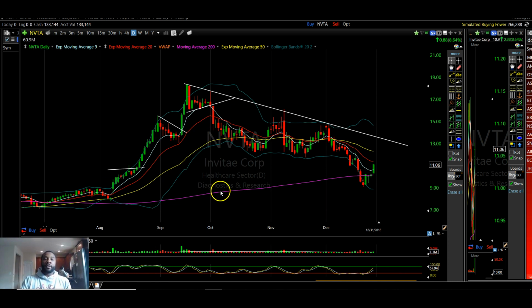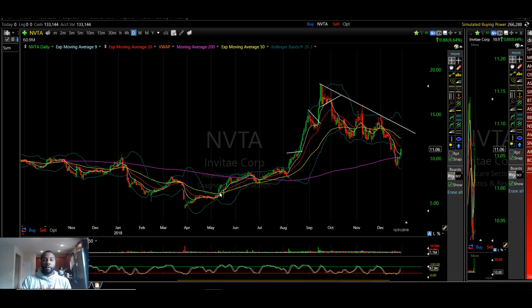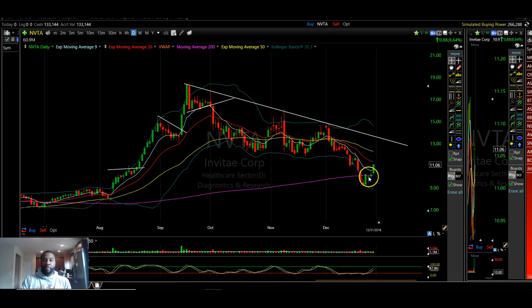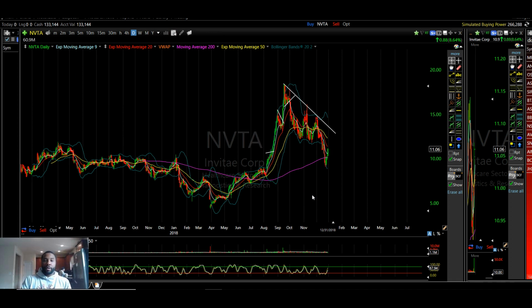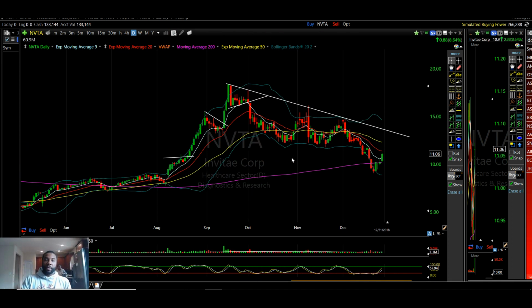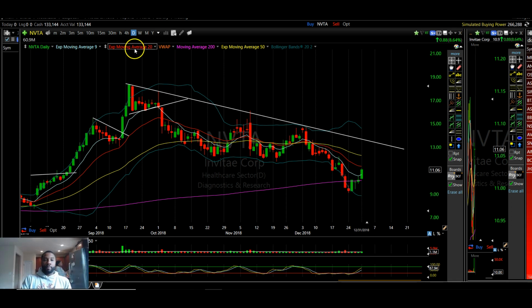Imagine this daily chart is a cell, and this cell is made up of your daily candles. Imagine this whole lifespan of the chart is one cell. Then as we zoom in, we see that we have little cells that make up the complete cell.